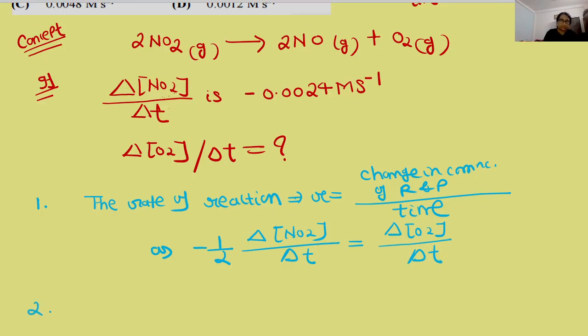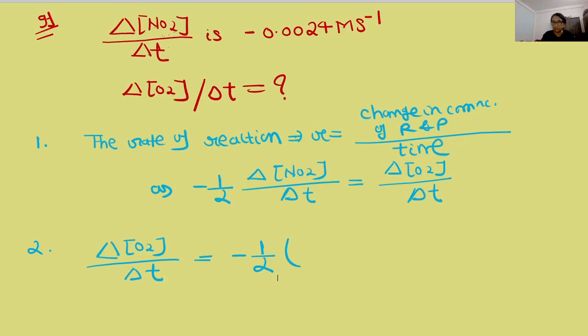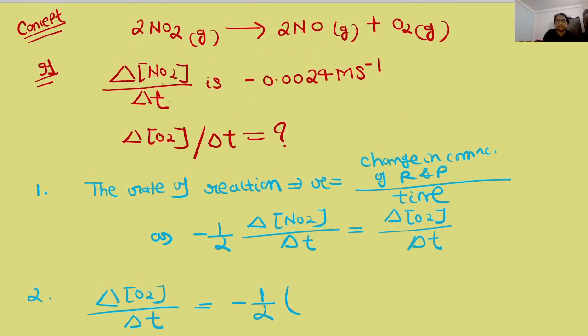So now in the second step, we will calculate the change in the concentration of oxygen with the help of this given value. Write the formula and rearrange the equation, that is minus 1 by 2 times the change in concentration of nitrogen dioxide.